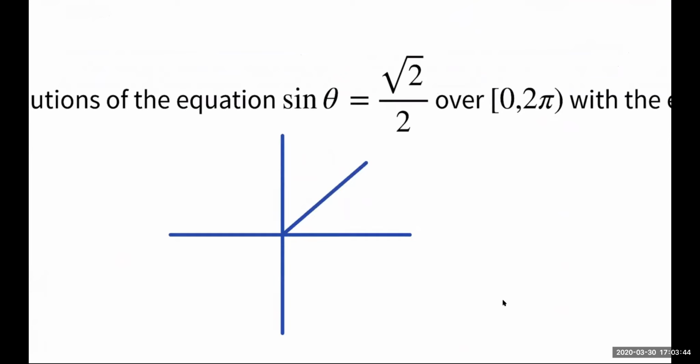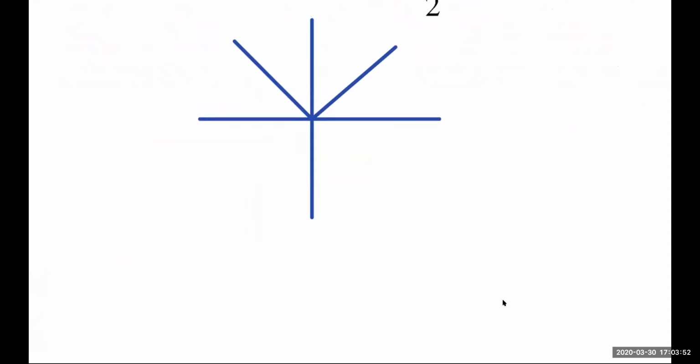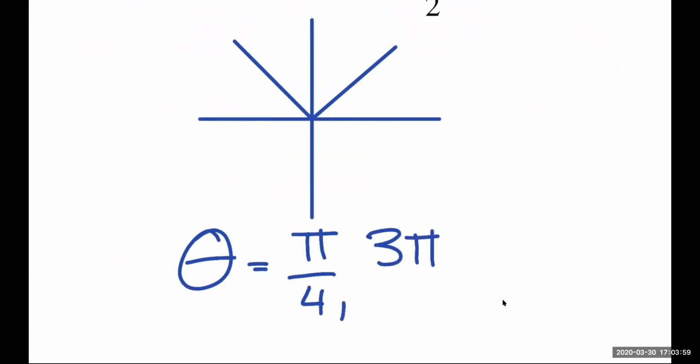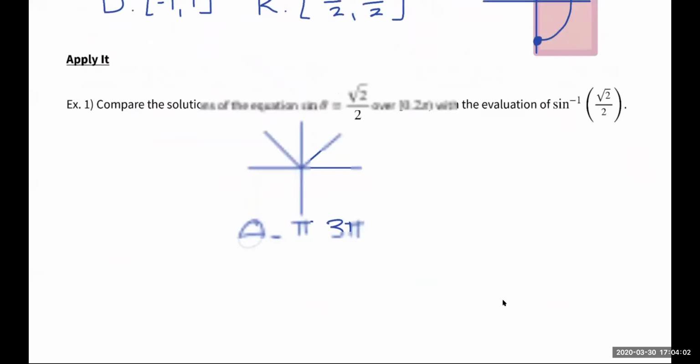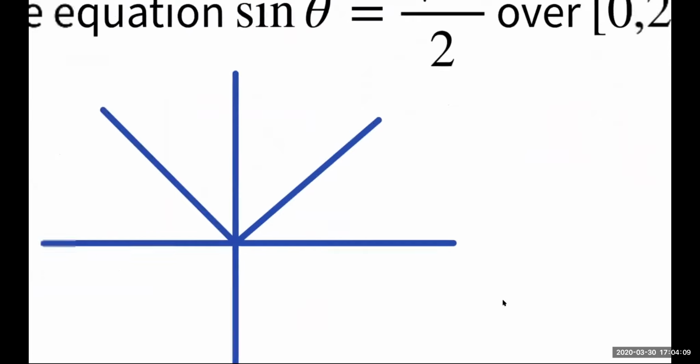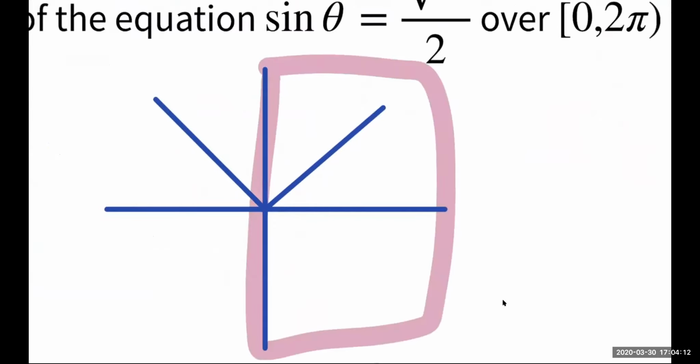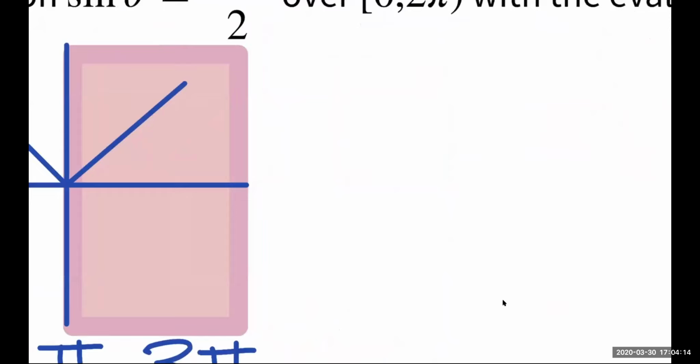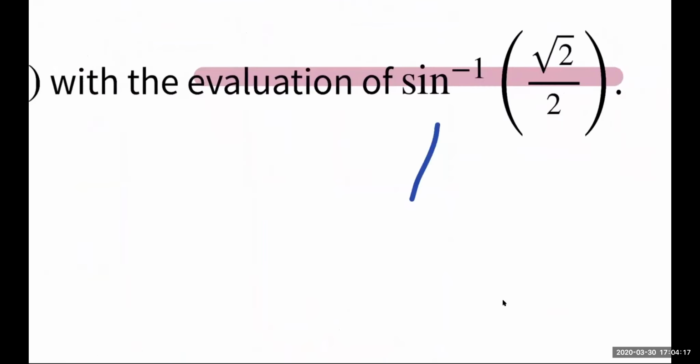That's going to happen here and here on our unit circle, which means that we are looking for theta equal to pi over 4 and 3 pi over 4. But when we talk about evaluating sine inverse of √2 over 2, remember that we're only looking in quadrants 1 and 4, which means that this is equal to just pi over 4.